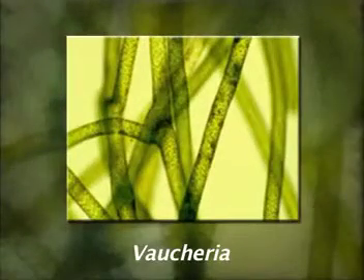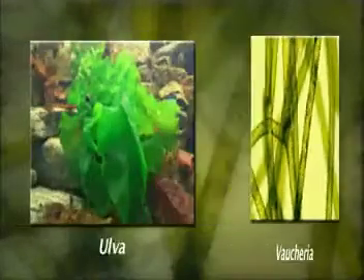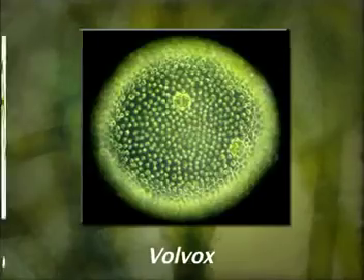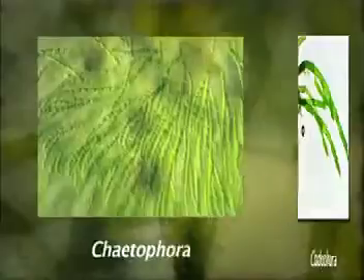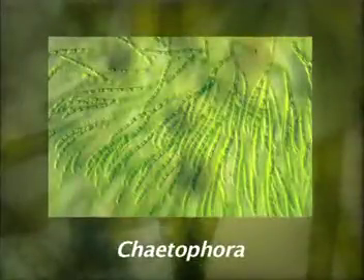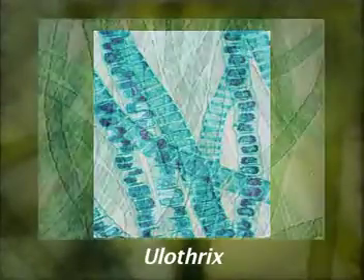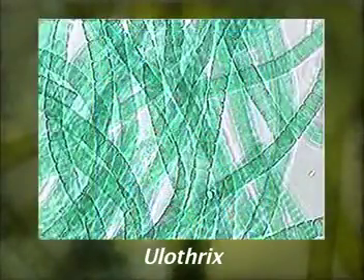Members of two groups, Siphonales and Ulvaceae, are marine. Most of the Volvocales, Cladophorales, and Chaetophorales are found in both freshwater and marine waters. Ulothrix is found in damp soil in the form of sheets.